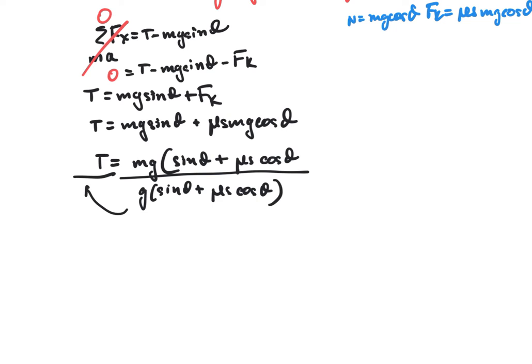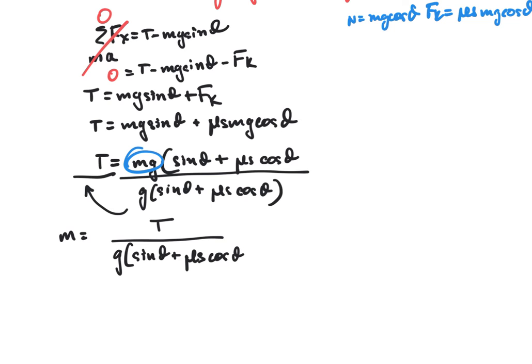We're going to move it to this side because we want to isolate the mass. So mass equals tension over g times sine theta plus mu s cosine theta.